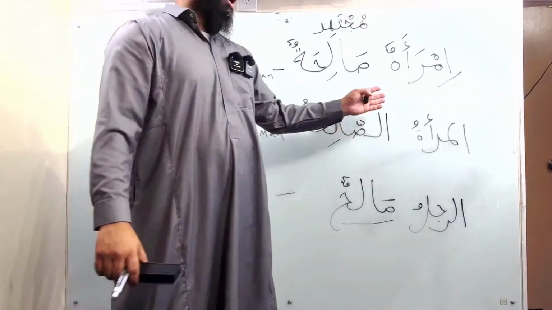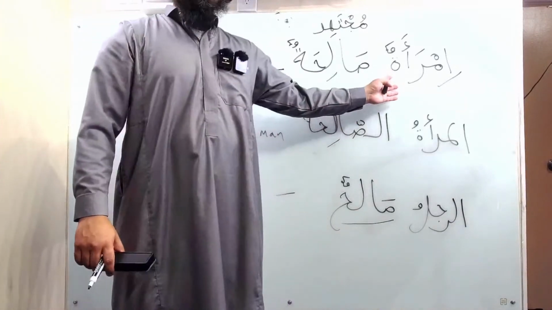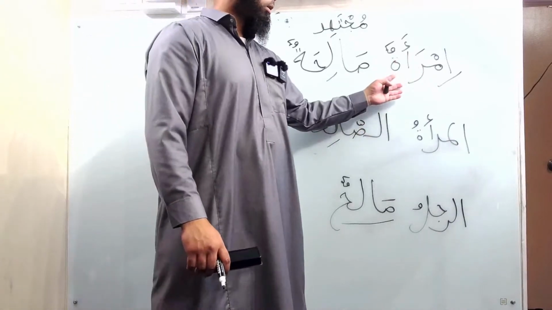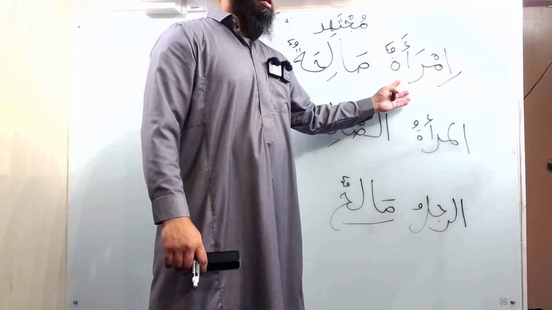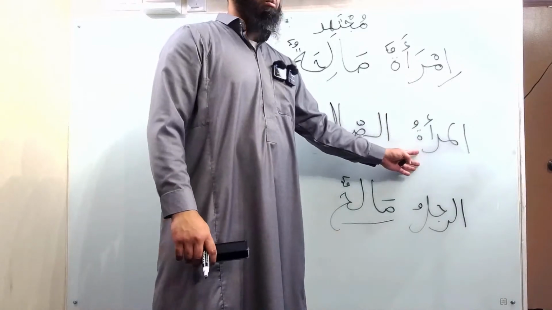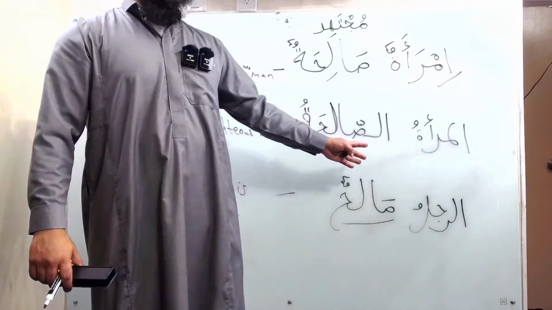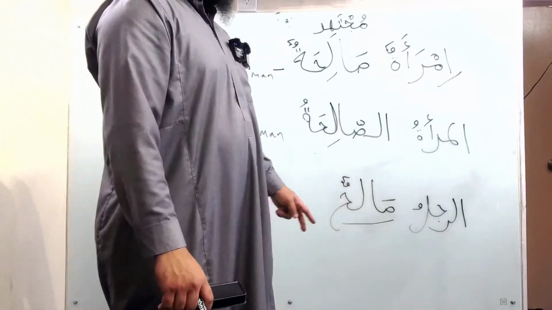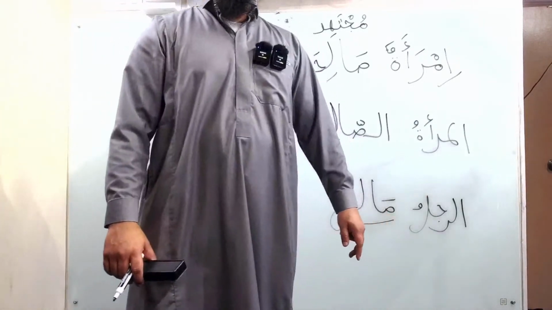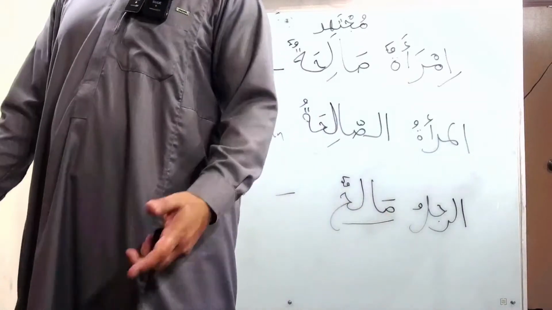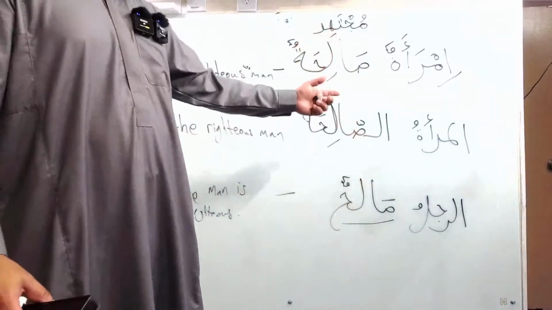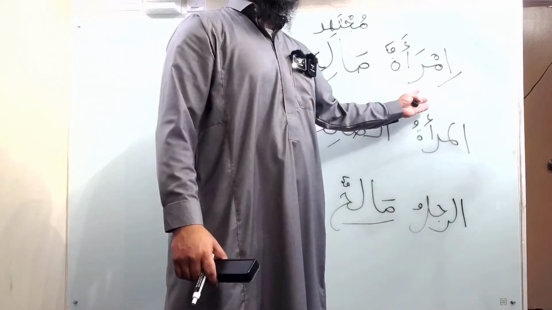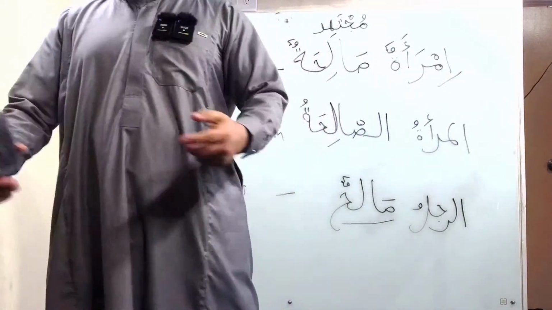This word, imra'a, woman, has a few forms. If you use this word when you want to say the woman, they use it with al-mar'a. Now, what's the plural for mar'a? Nisa, woman. The plural for imra'a, mar'a. So the word woman, depending how you use it, they use a different word for it.